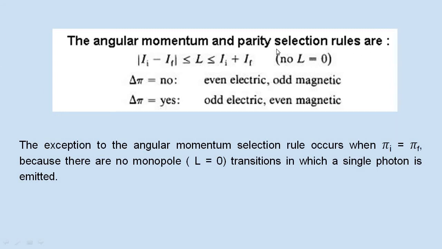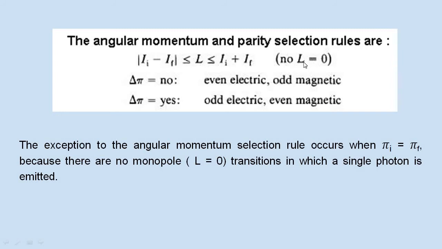This is an important conclusion. And delta pi is equal to no, even electric and odd magnetic. Delta pi is equal to yes, odd electric and even magnetic. So the last two are the parity selection rules, and this is the angular momentum selection rule.